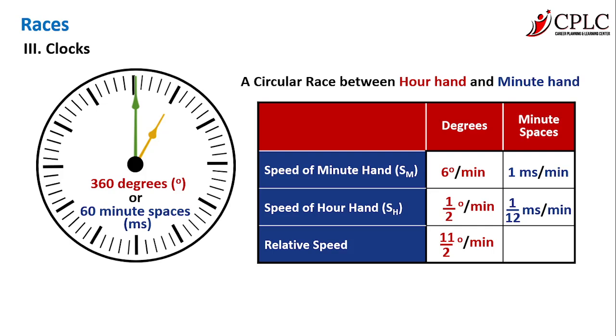And 1 minus 1 by 12 is 11 by 12 minute spaces per minute. That's the relative speed. If you can remember it directly, that will be great. If not, you can figure it out in this manner. So that's the idea that we need to remember.